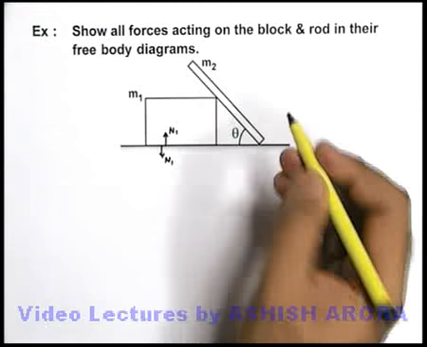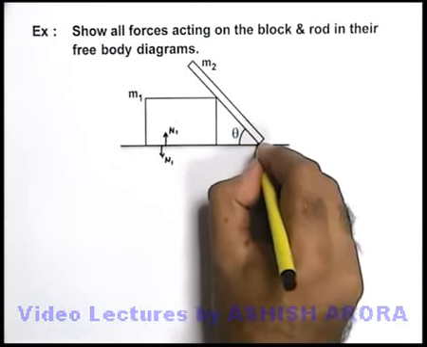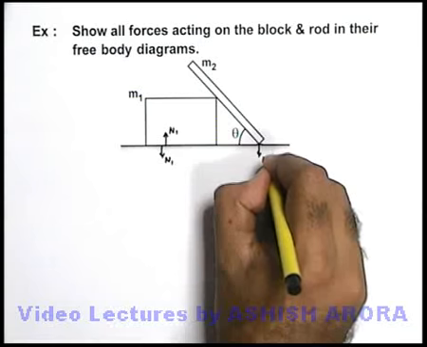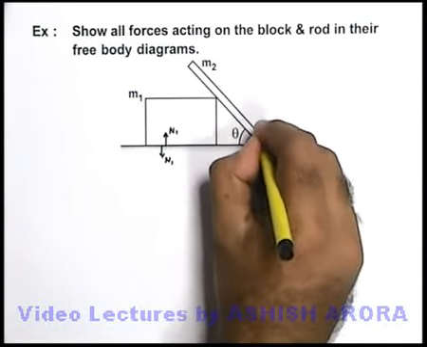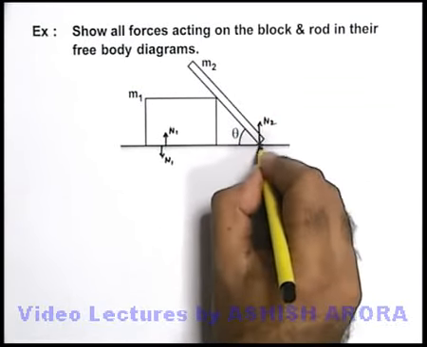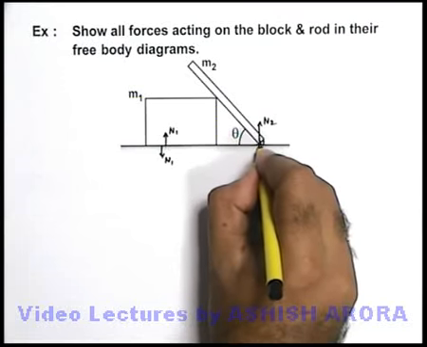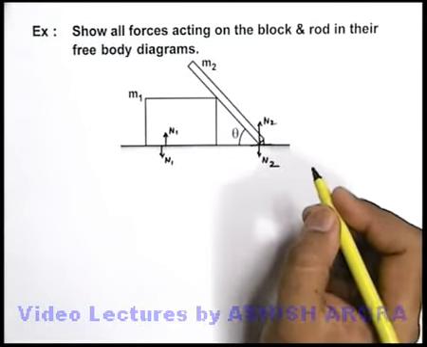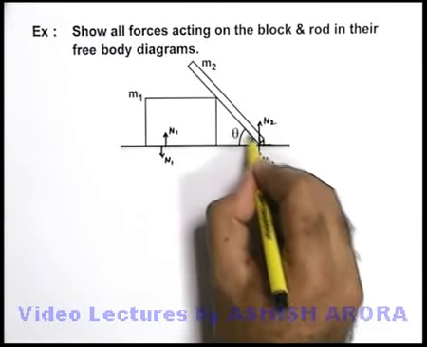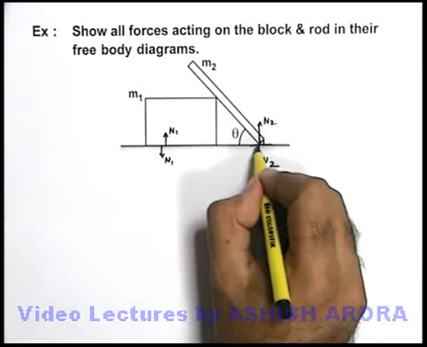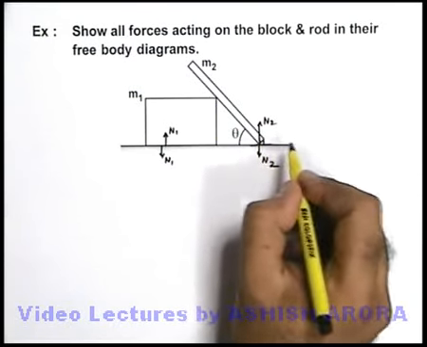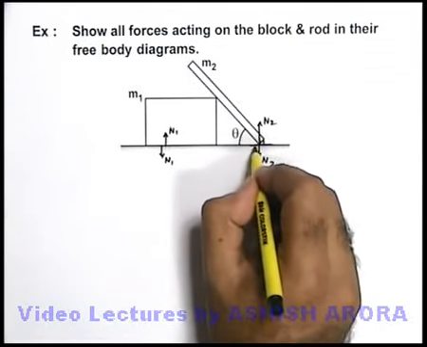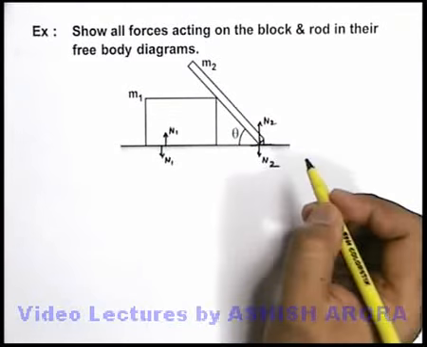And the rod, again due to its weight, is pushing the ground at this point with a force N2. Ground will react on it with a force N2, and this will be perpendicular to the contact surface, that is of ground. Here you can see for the rod there is just a point in contact, the surface is that of ground, and always the normal reaction acts in the direction perpendicular to the contact surface.